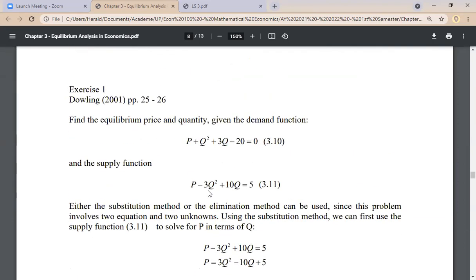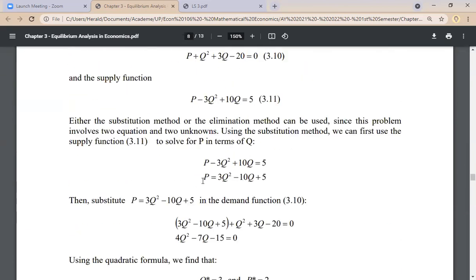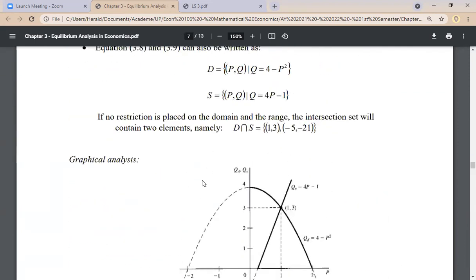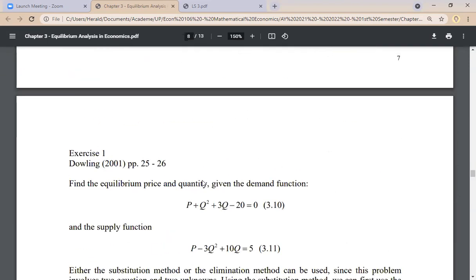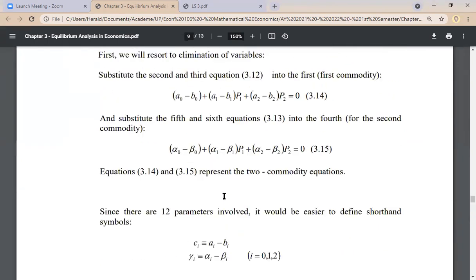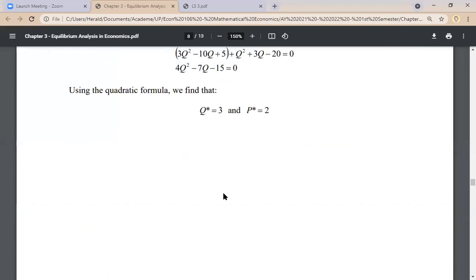Now before we proceed to the general market equilibrium, class, do we have a question about partial market equilibrium? Perhaps in terms of differences, there's not much difference, class, between partial and general market.